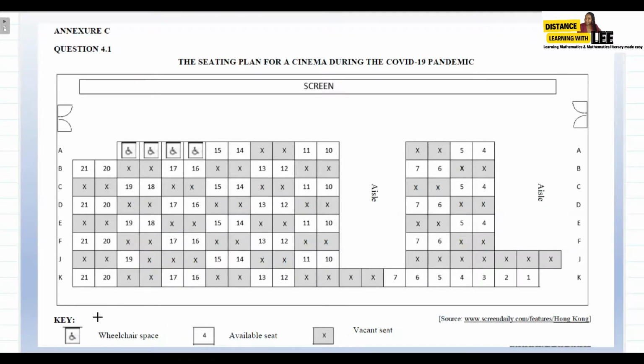We are given a key. And this key basically tells us that when we see that symbol with a person in a wheelchair, those are the seats for people that are in wheelchairs. And when we see a number that is just in the shade white, that is an available seat.